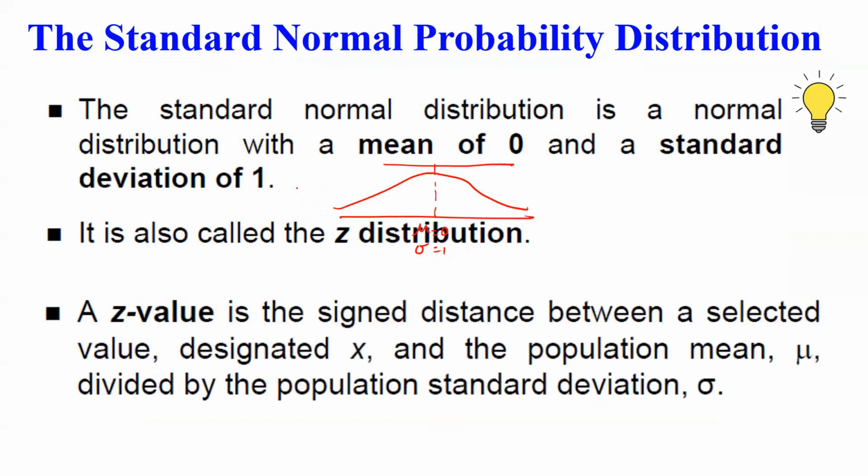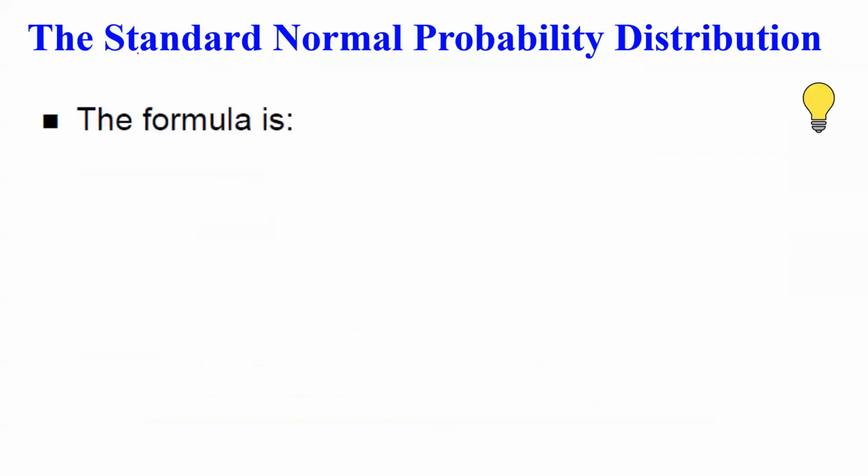It's also called the Z distribution. A Z value is a distance between the selected value, given as X, and the population mean, usually given as mu, divided by the population standard deviation, given in the form of sigma. So you can see the formula here.